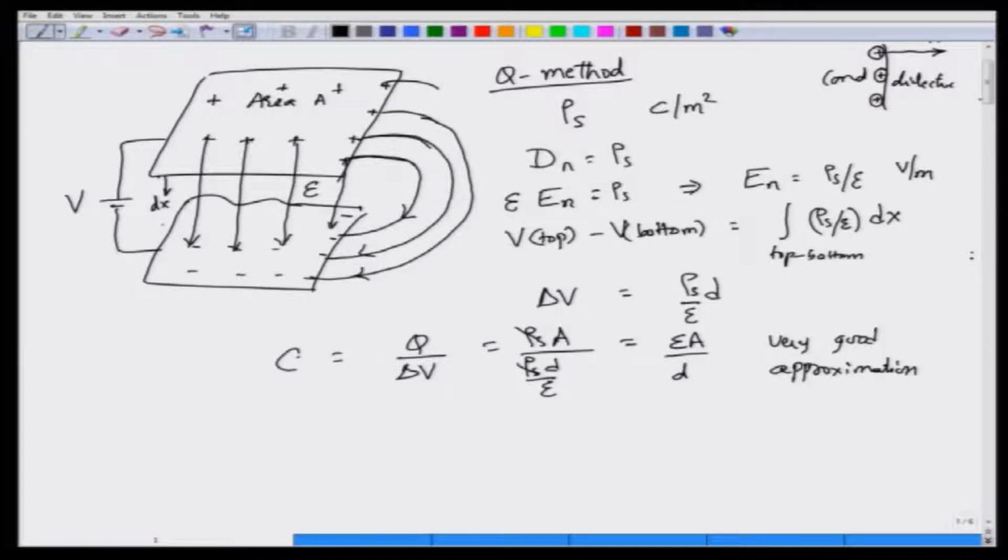These curved electric fields are called fringing fields, and any capacitor which has a finite area or edges, wherever there are edges, there would always be these fringing fields. It is important that fringing fields are there only at the edges. Fringing fields also contribute to the capacitance.